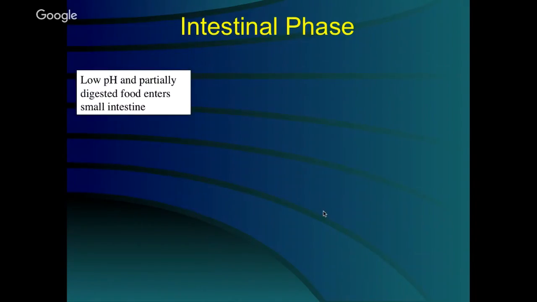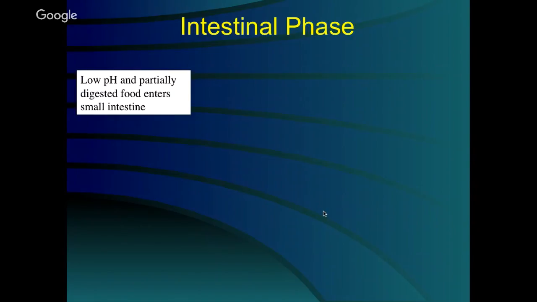Now, this last phase, I want to stress again, we're not talking about digestion in the intestines. We're talking about how the intestines take over control of the stomach, okay? Because now it's time for the food to start moving into the intestine, but that doesn't mean we want it all at once.